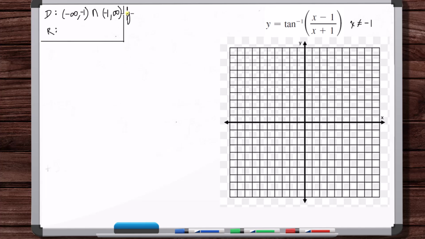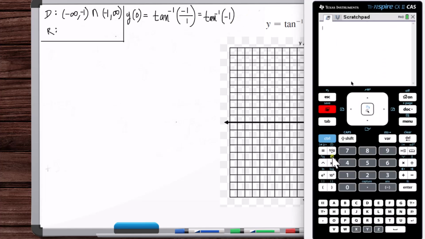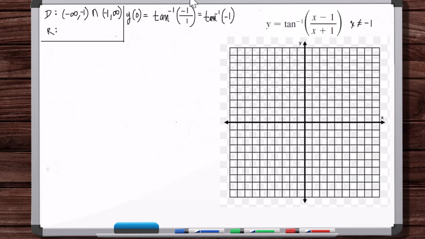All right, intercepts. What are the y-intercepts? Let's set x equal to 0 and solve for y. So -1 over 1. Arctangent of -1 is equal to what? Okay, so arctangent of -1 is minus pi/4.